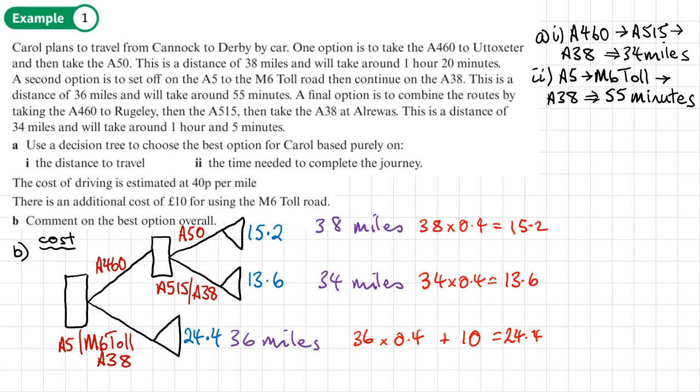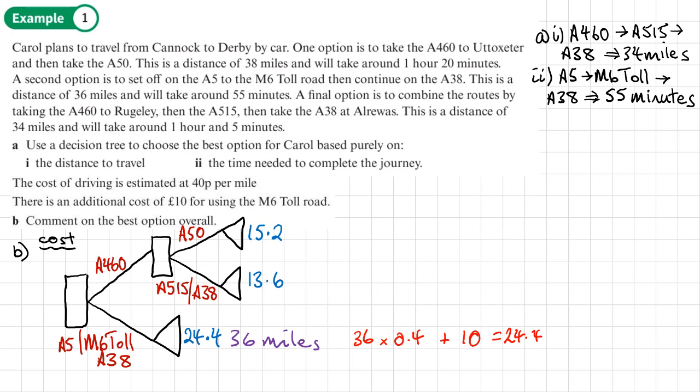Now what we can do is comment on the best overall option, looking at the answers that we got before, which were the best options for distance and time. So let's put all of that information together and see what we come up with. So the best option in terms of distance is the A460, the A515.